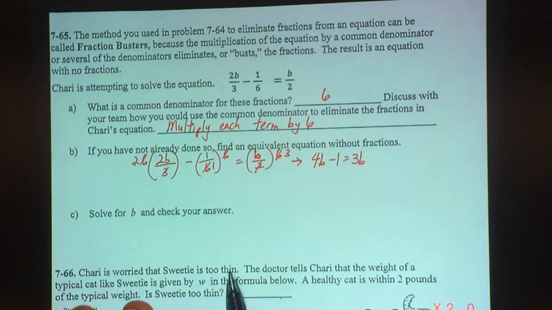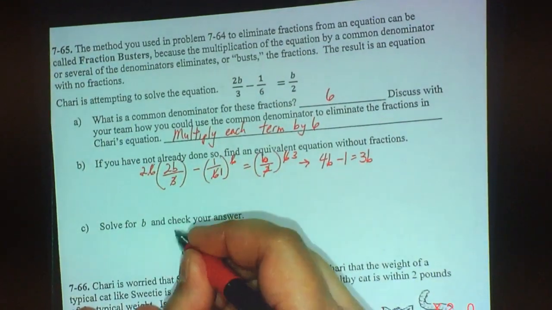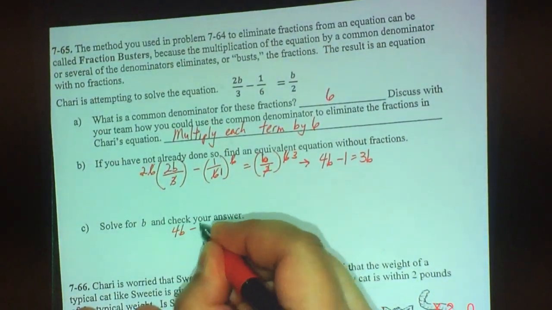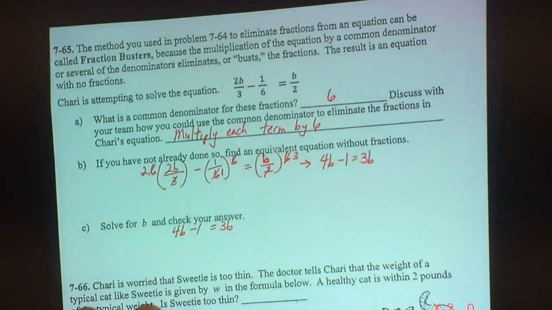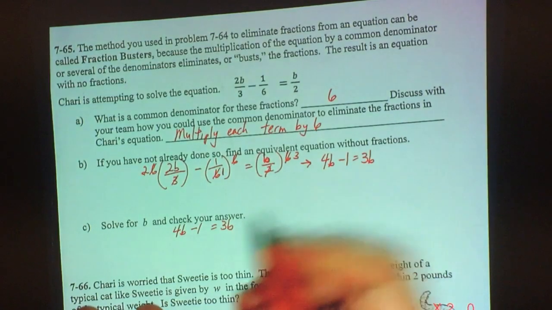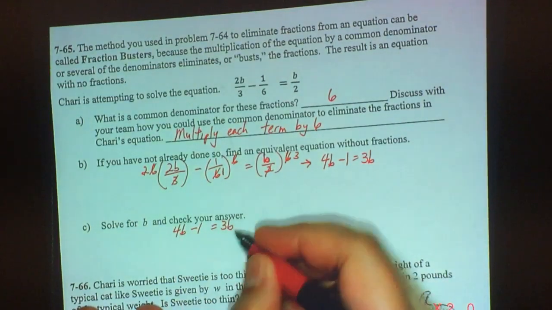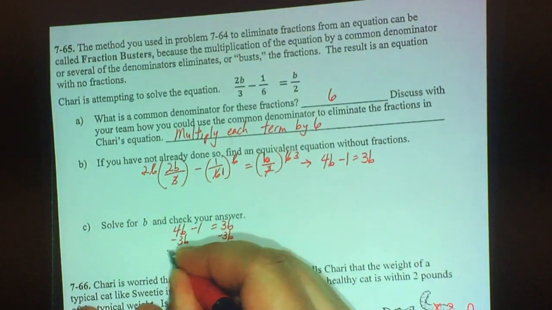So then it says solve for b, check your answer. Okay, so remember here. 4b minus 1 equals 3b. Okay, so think about the math, we're balancing. What do they both have that's the same? They both have 3b. So let's take that away from both sides because we're balancing.